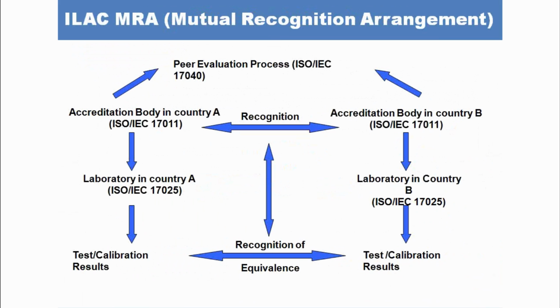I could apply to an accreditation body in country B, and then country A and country B sign a mutual recognition agreement, basically saying that we are country A, we have an accreditation body, but laboratory X wants ISO 17025 accreditation, and they're applying to country B. So there's a mutual recognition agreement, so that if an accreditation body is coming in from another country, they are recognized in country A, and the accreditation is recognizable.